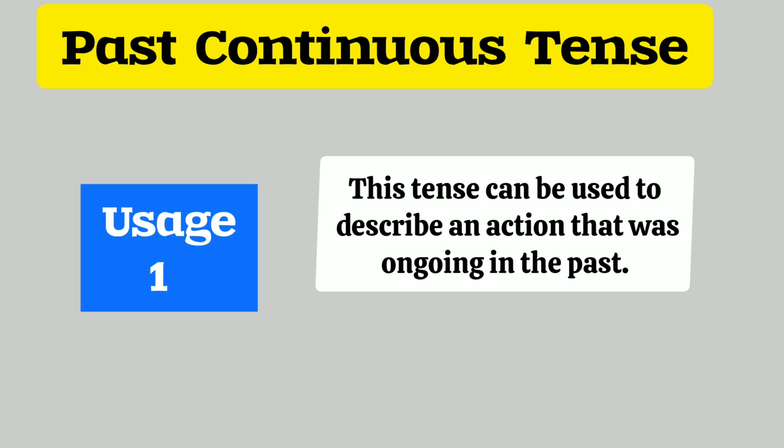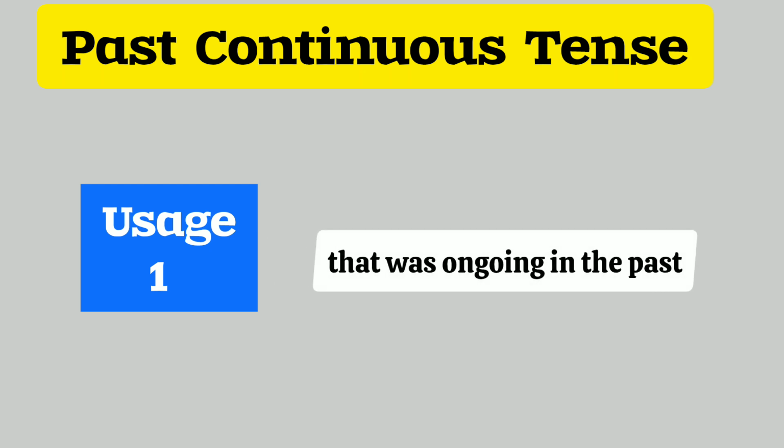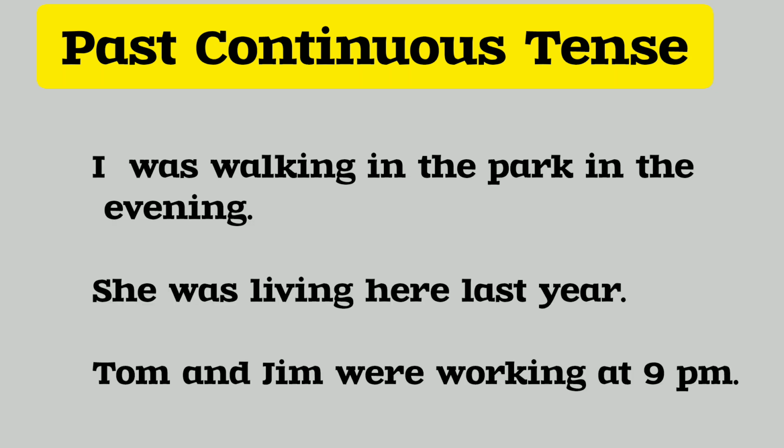This tense can be used to describe an action that was ongoing in the past. Let us have a look at these examples. I was walking in the park in the evening. So first we start with the subject I. So remember, with the subject I, he, she, and it, the past tense is was.